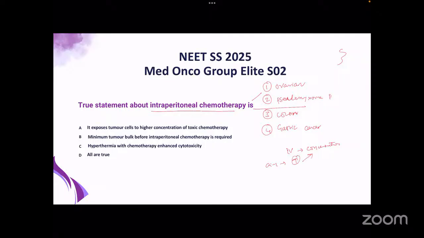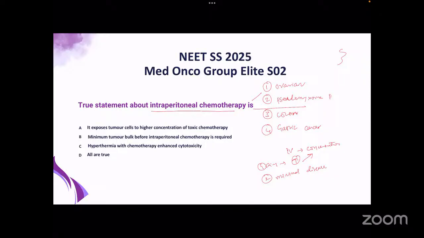The second thing is the peritoneal disease should be as minimal as possible. So we always do cytoreductive surgery and remove as much disease as possible, and only then deliver the intraperitoneal chemotherapy.